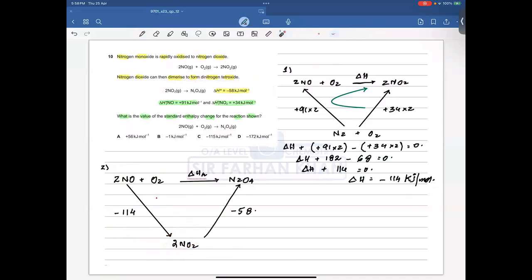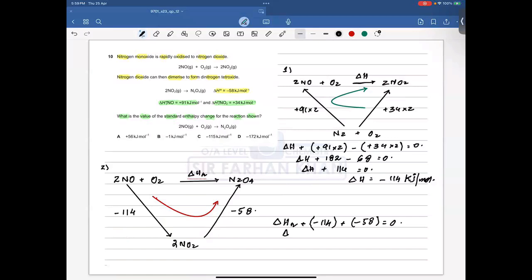Since I'm going from this side to that side, let's make the arrow in this direction. It doesn't make any difference whether you write in this direction or the opposite direction. So these two values are taken to be positive. So let me arrange the values here. Delta HR plus minus 114 plus minus 58 equals 0.